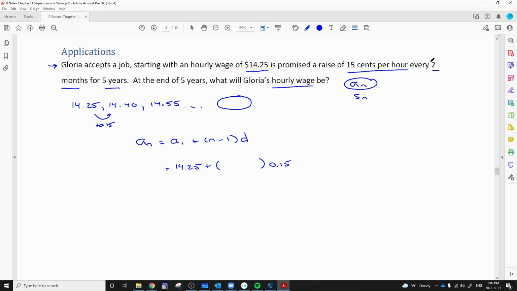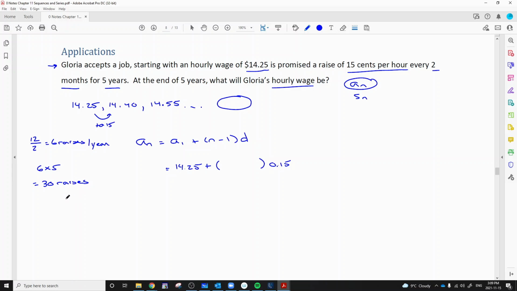She gets this raise every 2 months for 5 years. If there are 12 months in the year and she's getting one every other month, she's going to get 6 raises per year. So at the end of 5 years, she's going to get 30 raises.